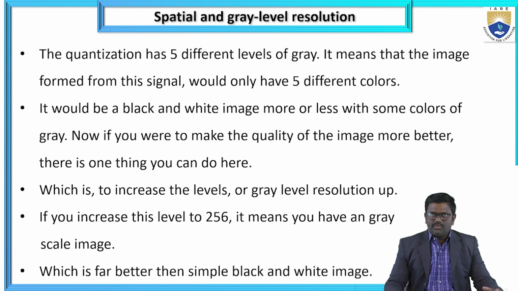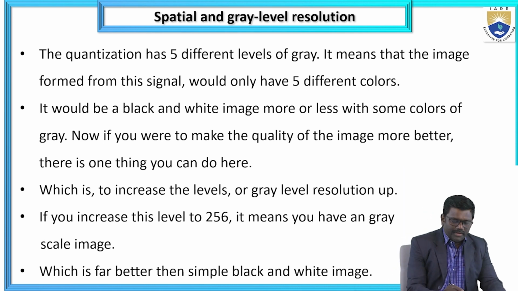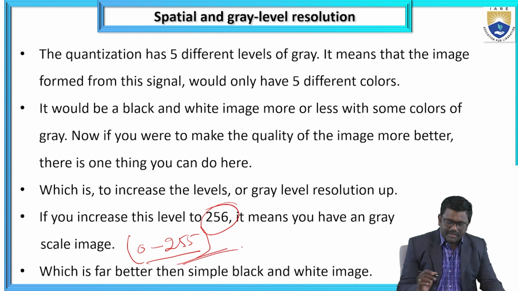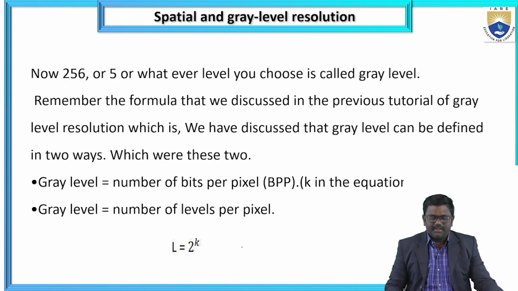Now, if you want to make the quality of the image better, there is one thing you can do here, which is to increase the gray level resolution. If you increase this level to 256, it means that you have a grayscale image ranging from 0 to 255, which is nothing but 256 levels. This is far better than simple black and white, which we call a gray level image.